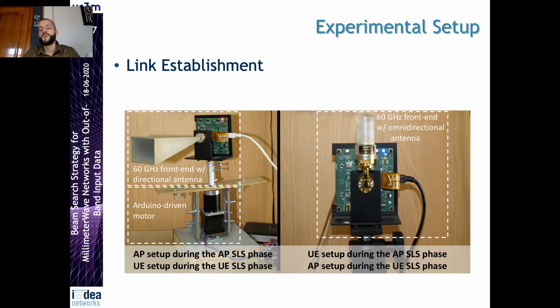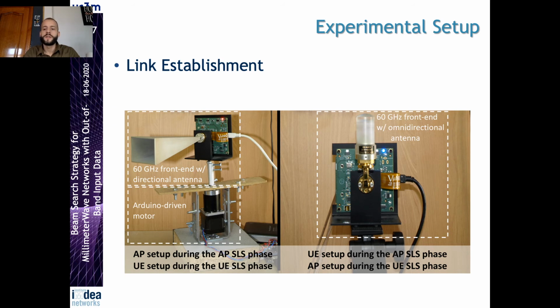Let's go into the details about our experimental setup for link establishment. In order to follow the user and the access point SLS in our system, the millimeter wave transmitter is connected to a signal generator which sends a probe signal, and it is mounted on a motor with an accuracy of 0.18 degrees in order to emulate steerable phased antenna arrays.